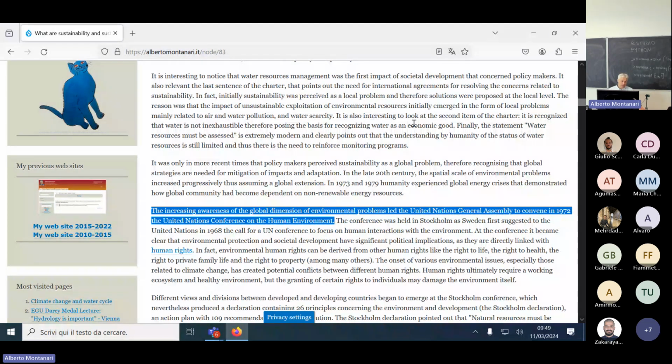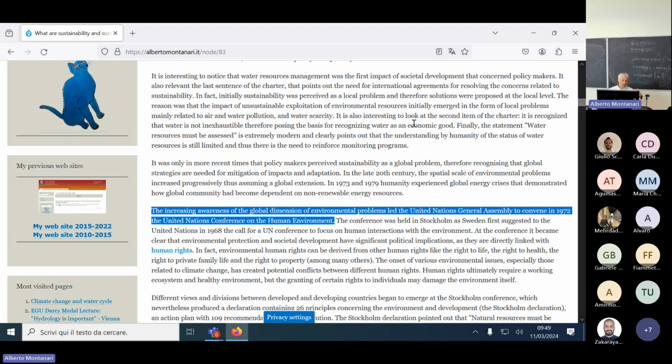Okay, and it started from the awareness that water resources were under threat, water resources were depleting. Keep in mind that the downstream part of the Yellow River dried up for the first time in 1972, dried up because of water withdrawal upstream.